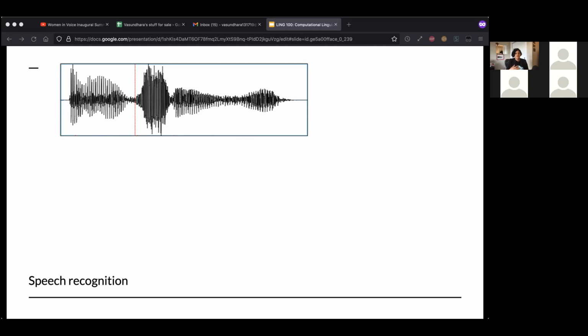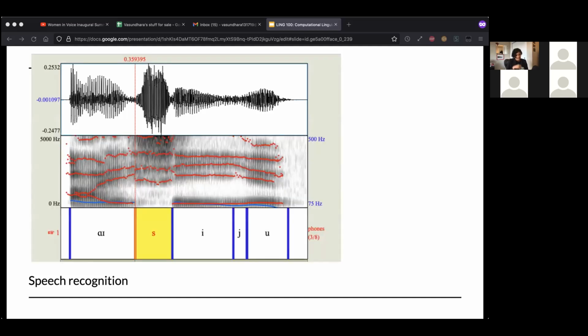You'd have to listen to the audio, but there are some more tricks involved. This expanded version of the same thing that you saw before gives you a little bit more information. The thing in the middle, just below the waveform, is what's called a spectrogram.